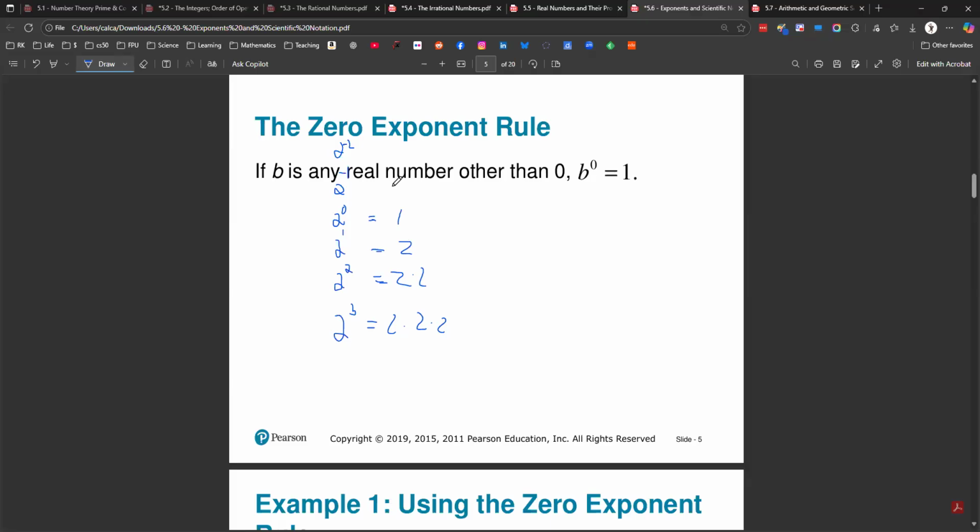And then here you're going to get 1 over 2, and then 1 over 2 squared, or 1 over 2 times 2. And then you have 2 to the -3, which is equal to 1 over 2 times 2 times 2. So if you're looking at the pattern of increasing and decreasing exponents, it makes sense that 2 to the 0 power is just a single value of 1.